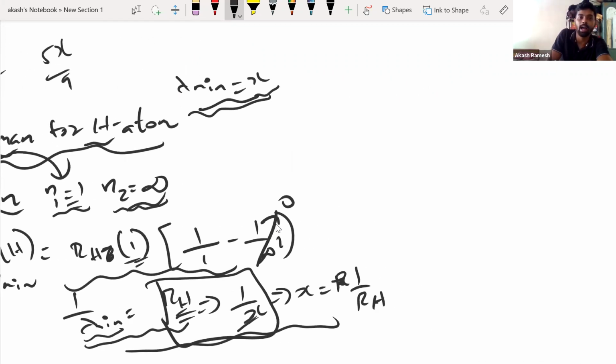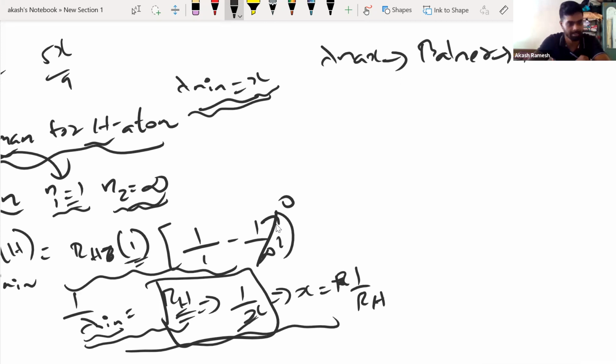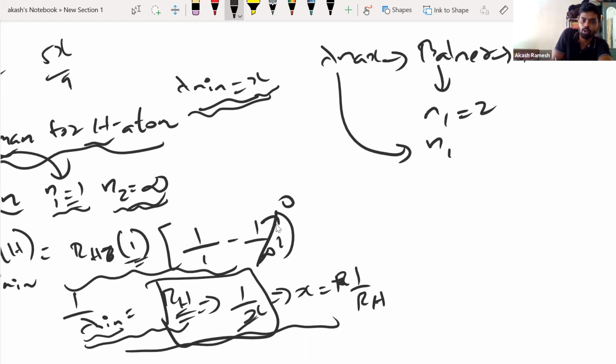What they are telling is, I must go for lambda max for Balmer series for He plus ion. That is what they're telling, right? Lambda max I need to find in Balmer series for He plus ion. Now first things first, for Balmer, N1 is 2, right? And since it is lambda max, N2 will be N1 plus 1.